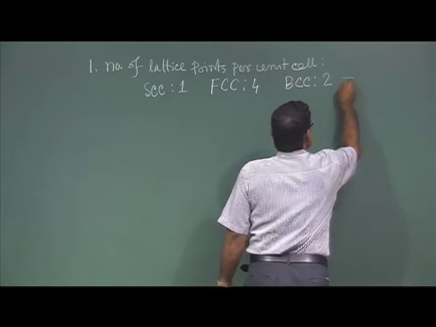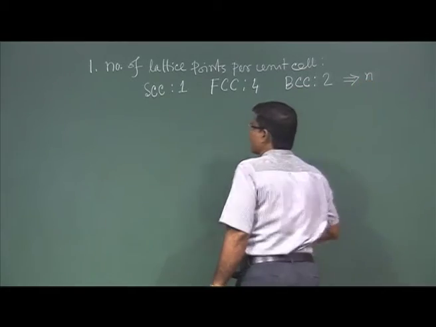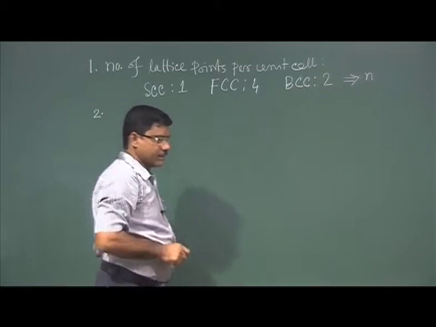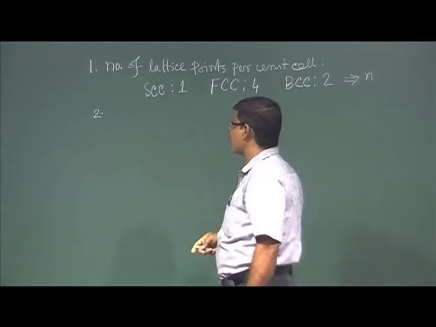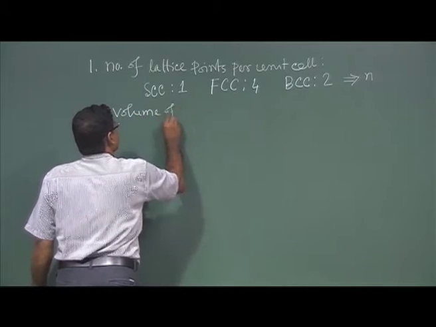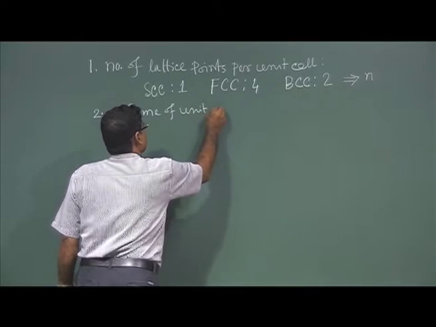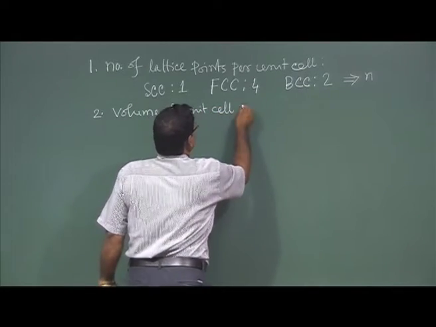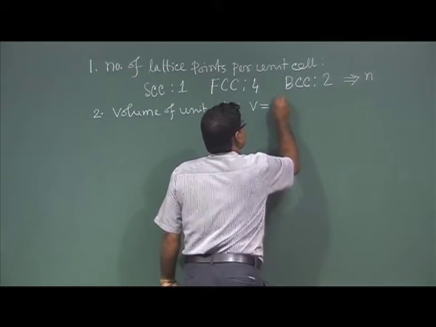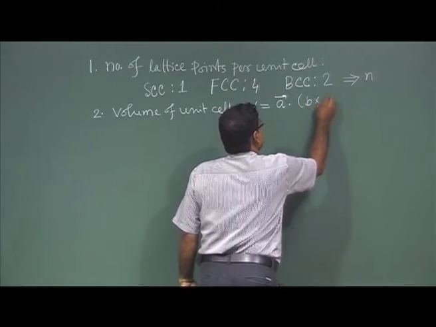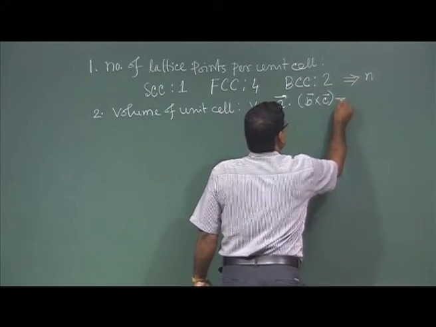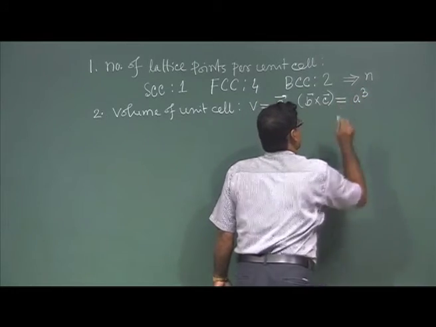So let us represent it by this number, small n, and then we have calculated volume of unit cell, say V equal to A dot B cross C. For cubic system it is basically a cube.